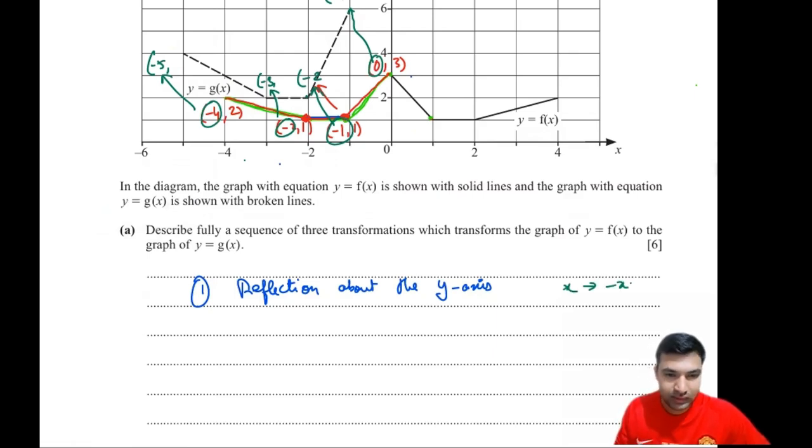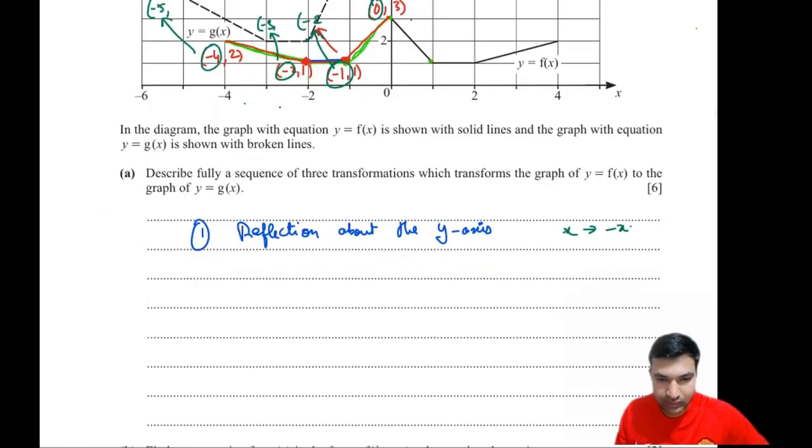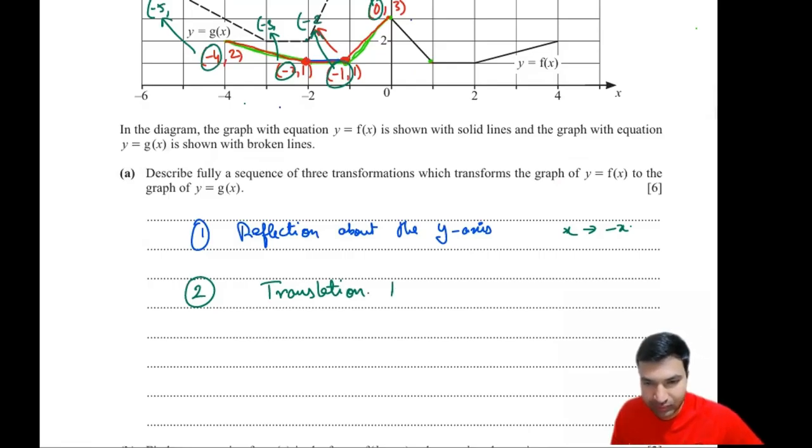And then the second thing is translation. We are translating it by the vector (-1, 0).